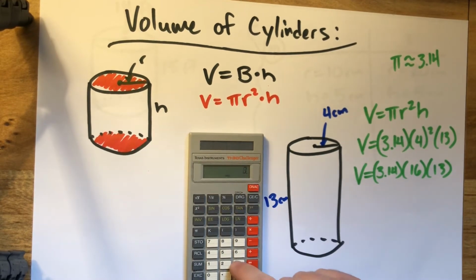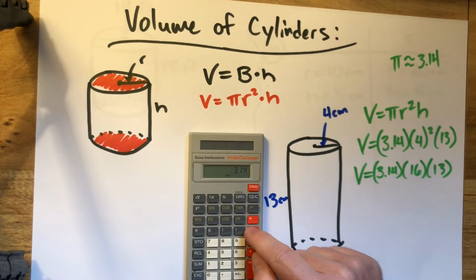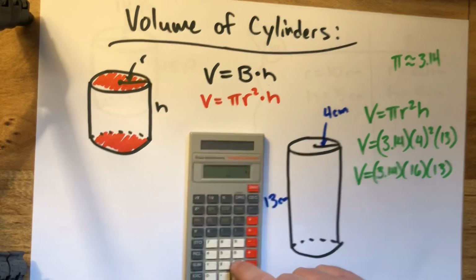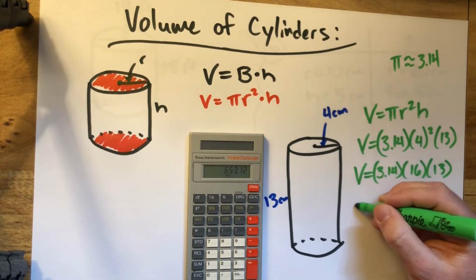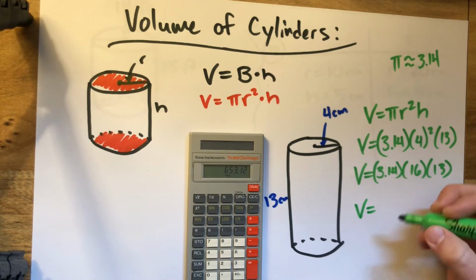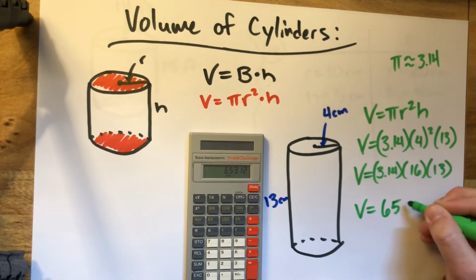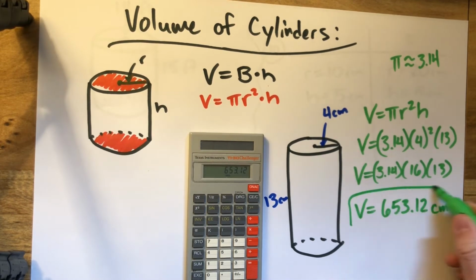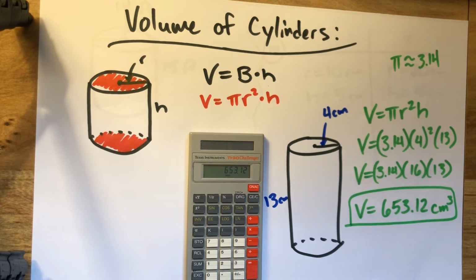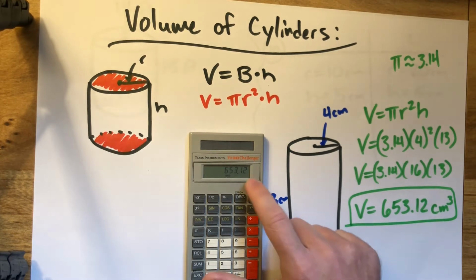Clear that out. 3.14 times 16 times 13. 653.12. So volume of this cylinder is 653.12. Label is centimeters cubed, cubic units, because it is volume. That looks good for that one.